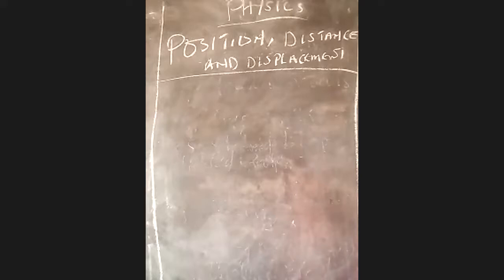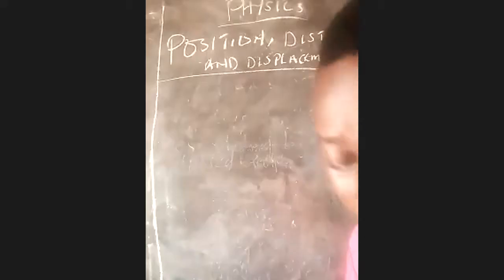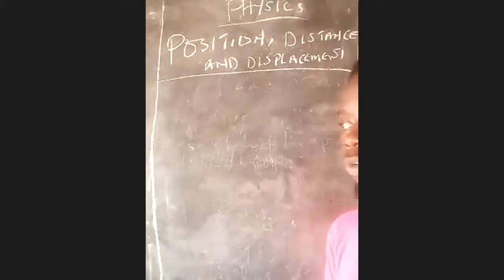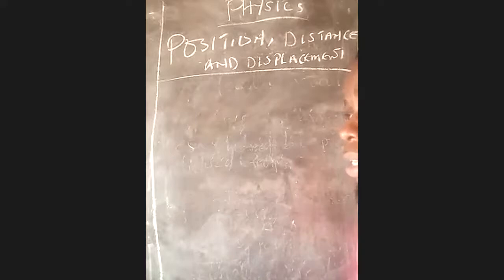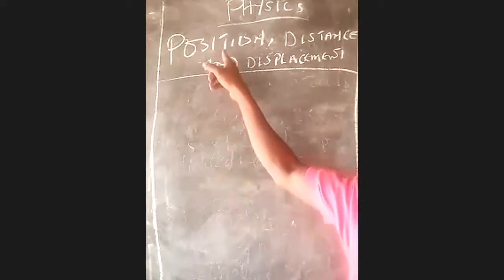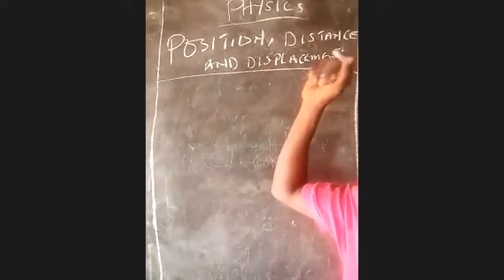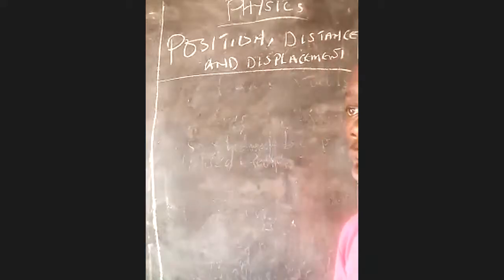We'll be dealing with this topic because it is very essential on the journey of physics. As we are dealing with matter and energy, we must be talking about the position, the distance, and the displacement of the body of matter.